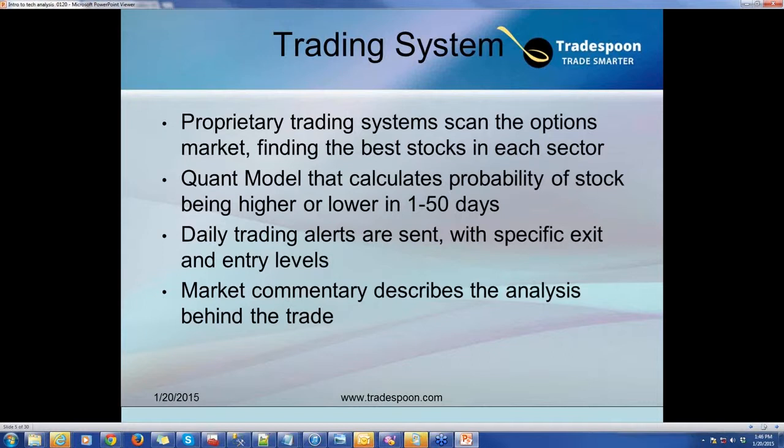So we have technology to help us find this perfect setup for entry and exit points when you day trade or when you have a longer trading horizon. Whether you trade in minutes or hours or days, we are finding opportunities in the market. We're actually telling you where the stock is going to be in the next day or next 50 days, based on your time horizon.